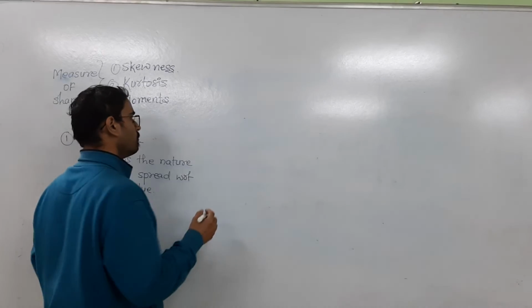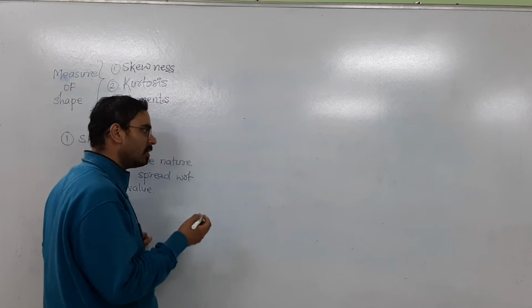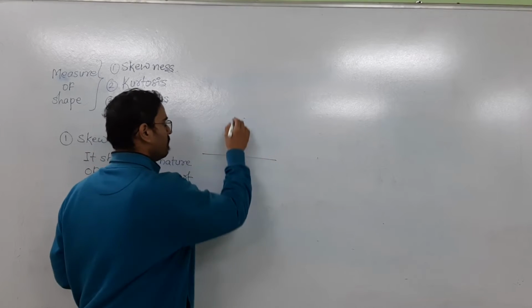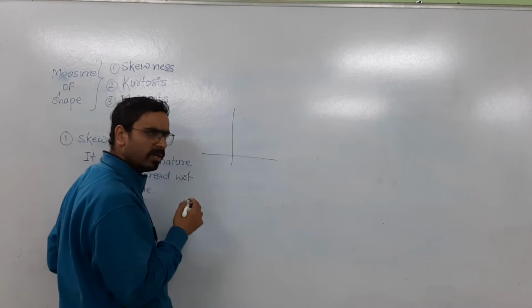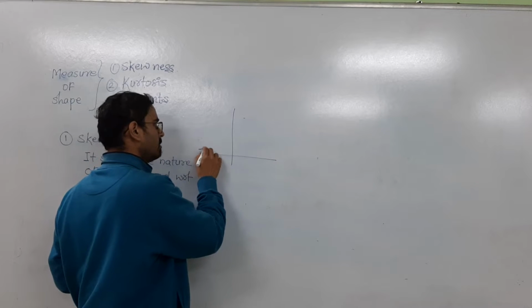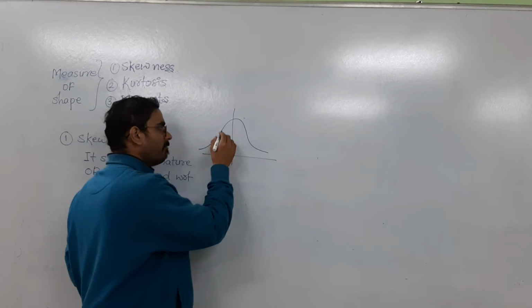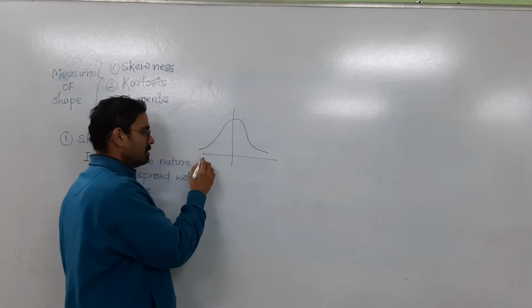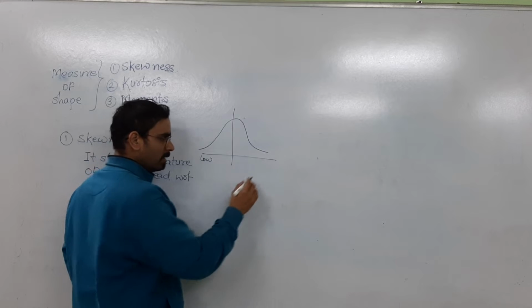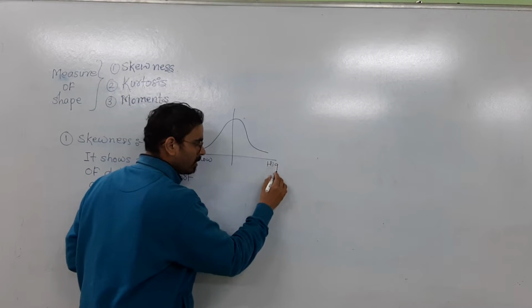So, we will just see what kind of data we have. Generally, whatever the data we have, this is the central value, means average value. Generally, data is like this: suppose this is the lowest mark in the class and this is the highest mark.